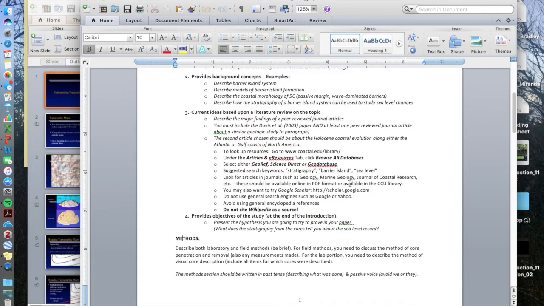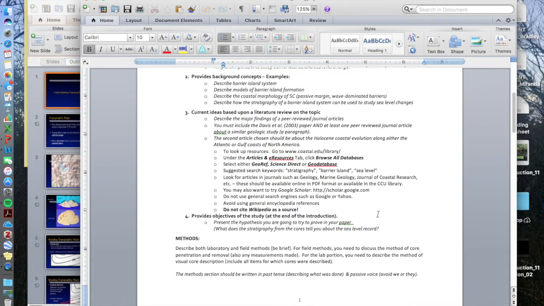I would definitely use something like Google Scholar. If you Google barrier islands or South Carolina morphology or North Carolina morphology, or something similar to what we are doing, it should pop up with a peer-reviewed article that would be similar to us.